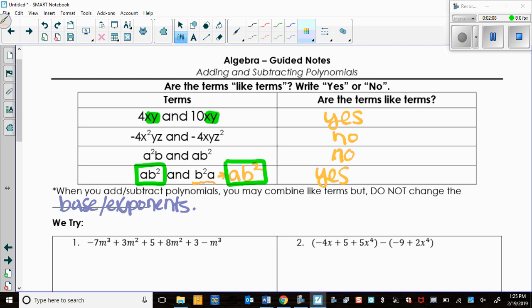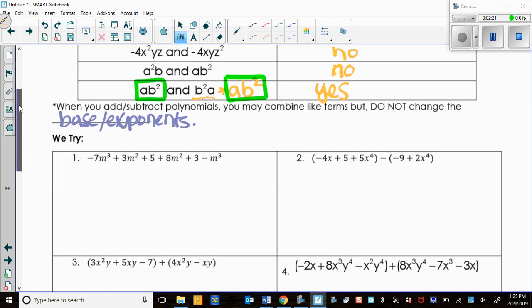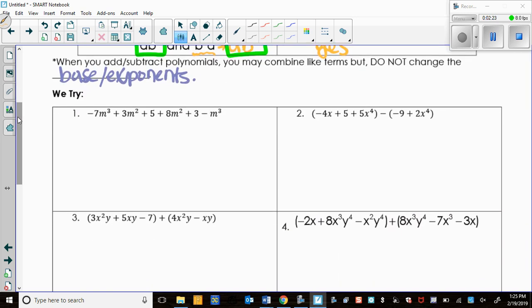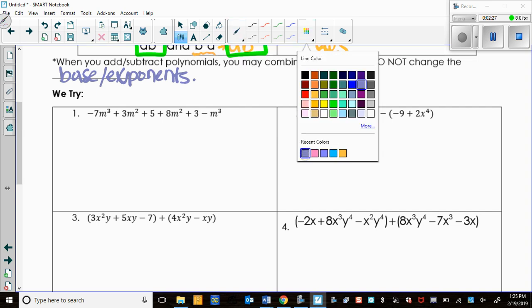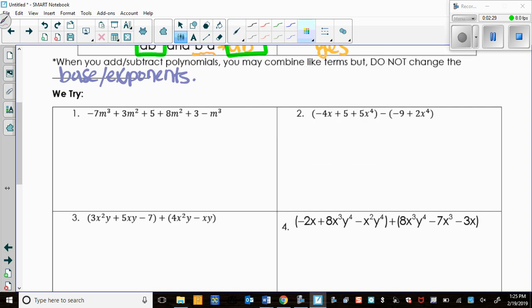So the big takeaway is when you add and subtract polynomials, you may combine like terms, but do not change the bases. So I'm going to show you an example down below here. I'm going to go ahead and underline. I'm going to use 3 different colors. So if you are a person that likes colors, this is your time to take out your markers or your highlighters.